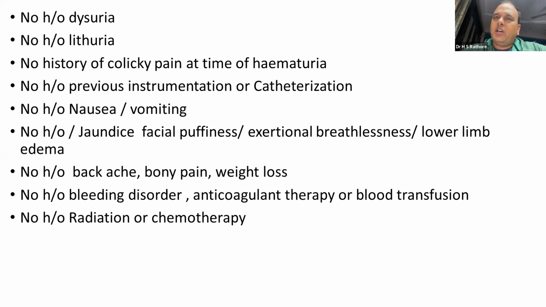No history of dysuria, no history of lithuria, no history of colicky pain at time of hematuria, no history of previous instrumentation or catheterization, no history of nausea, vomiting, no history of jaundice, facial puffiness, exertional breathlessness, lower limb edema, no history of backache, bony pain, weight loss, no history of bleeding disorder, anticoagulant therapy or blood transfusion, no history of radiation or chemotherapy.